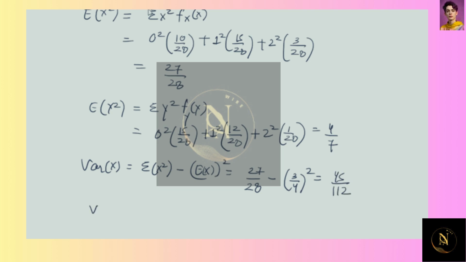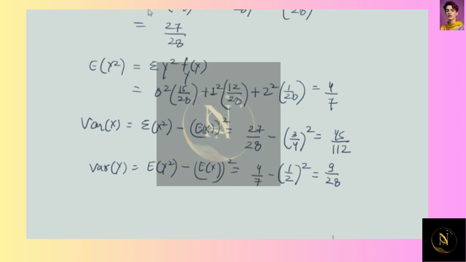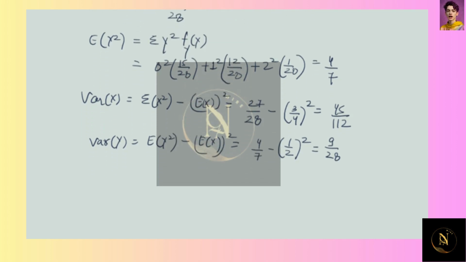And for variance of y, we'll write it as E of y square minus E of y whole square, and that would be 4 by 7 minus 1 by 2 whole square, which would finally be equal to 9 by 28.